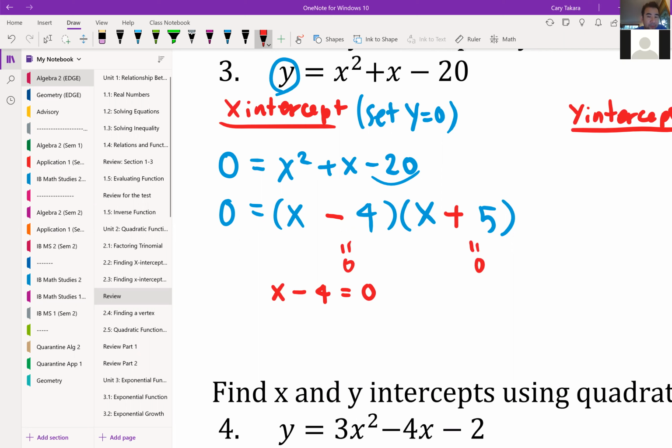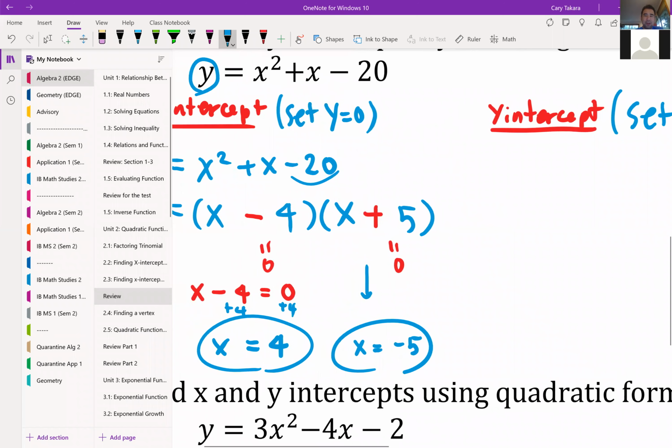And then you solve for x by adding 4 on both sides. So you get x equals 4. And if you do the same, you get x equals negative 5. Okay. So the solution is 4 and negative 5.